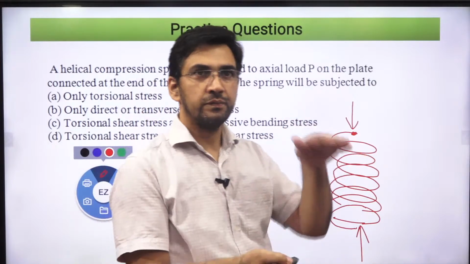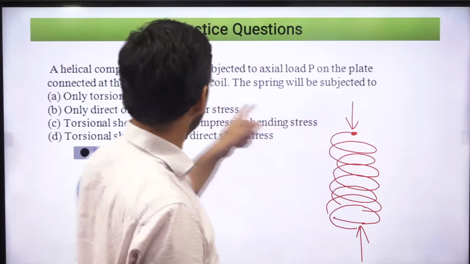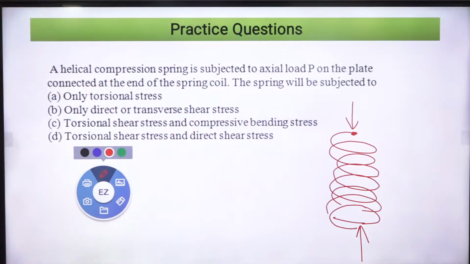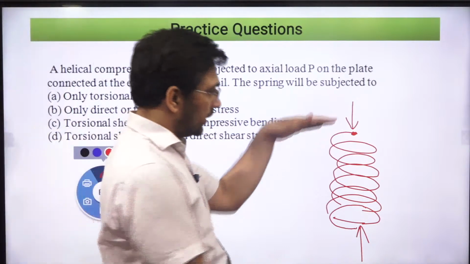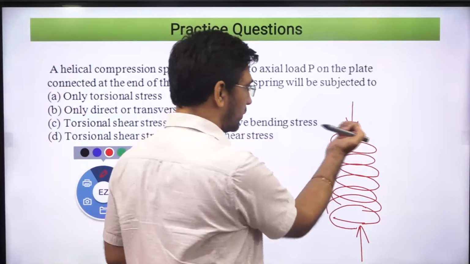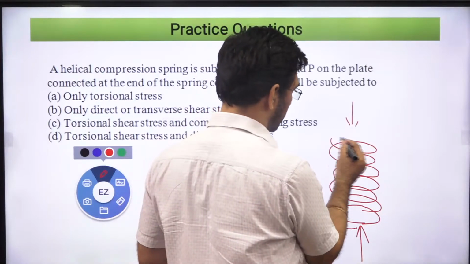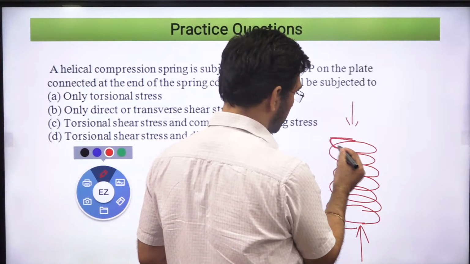Helical spring compression. I think this is the same thing he's saying. A helical compression spring is subjected to axial load P on the plate connected at the end of the spring. The spring will be subjected to what? When you compress it, this is how the analysis is done. So basically, we are bringing it this way.